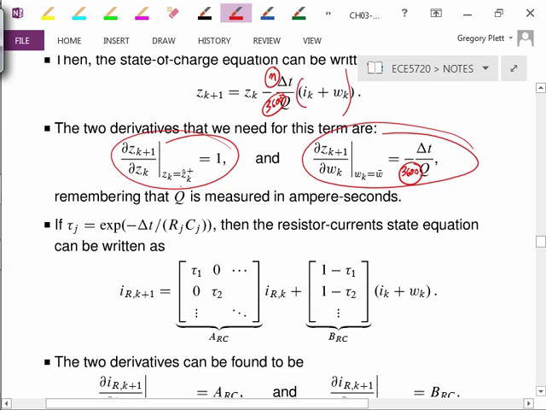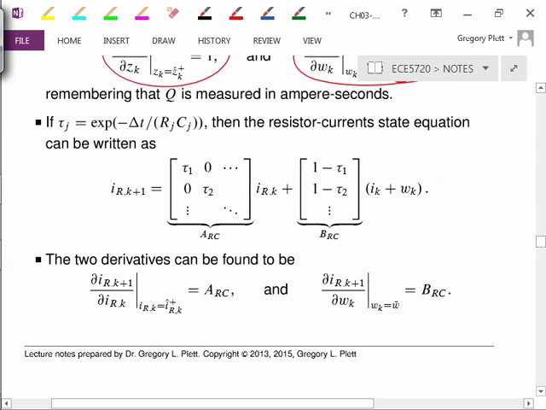We start looking at the diffusion equation. We say first let's talk about time constant tau j being e to the minus delta t over rj cj, which is the time constant of that particular diffusion mode.